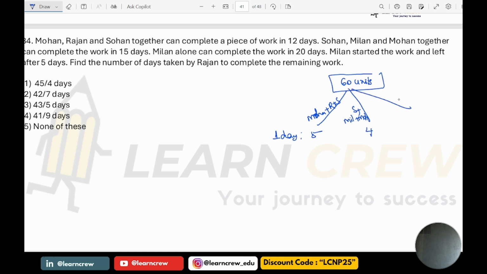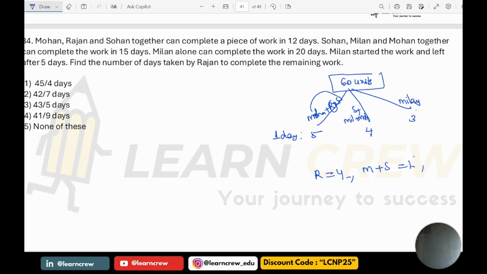Milan alone, 20 days, 1 day, 3. Milan alone is doing 3. So Mohan and Sohan are doing 1. Mohan and Sohan are doing 1 means what? Rajan is doing 4.